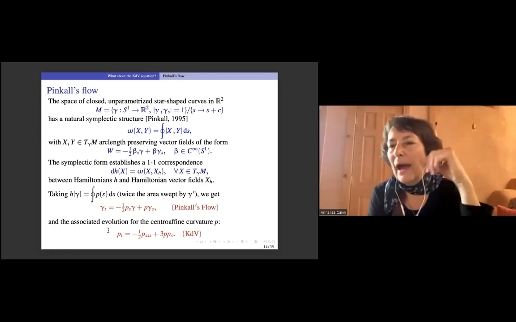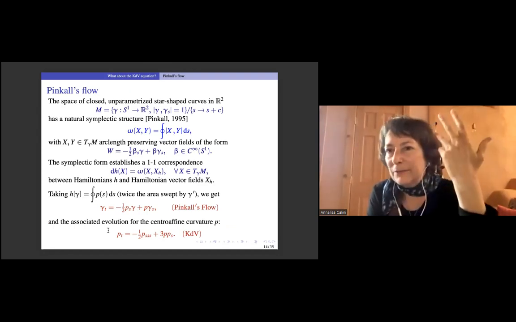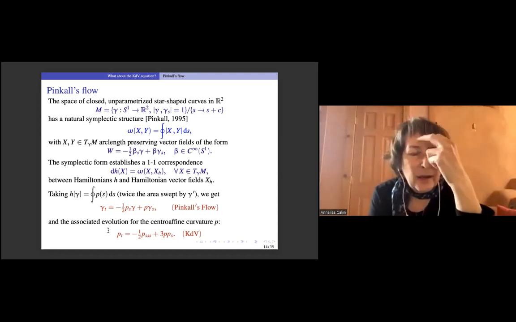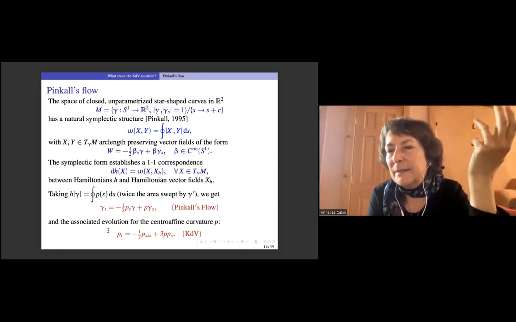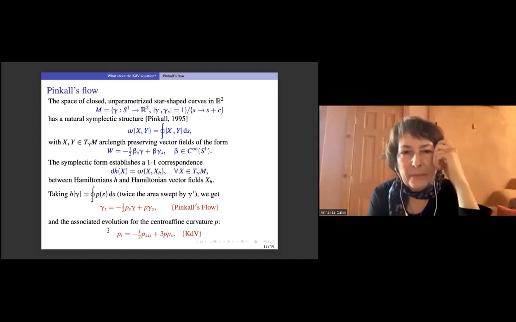So we can call them unparameterized star-shaped curves. And he found that a very simple two-form, this is simply the area form, provides a symplectic structure for this space.